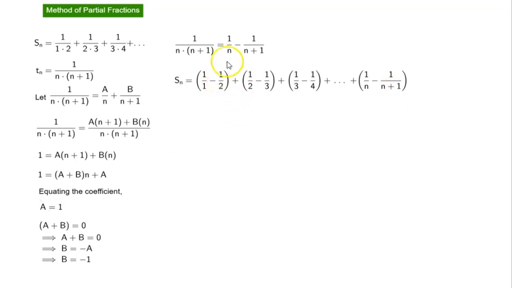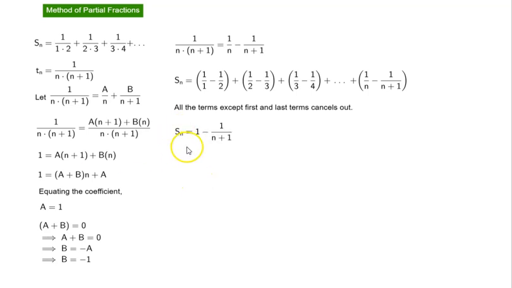Now here you notice minus half plus half, minus 1/3 plus 1/3. So this is a telescopic sum where most of the terms will get cancelled out except some of the boundary terms. So all the terms except first and last terms cancel out.